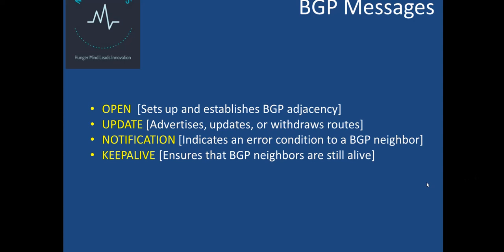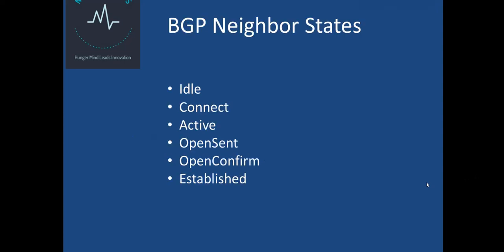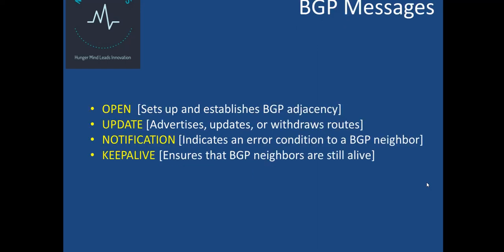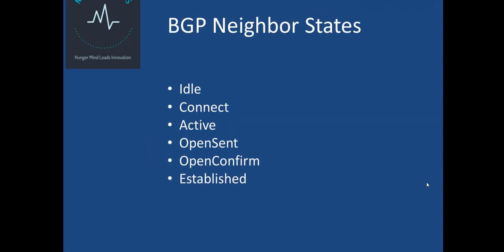Then we will look into neighbor states. These are the messages BGP uses in the process of forming a neighborship between two routers. This is different from the neighbor states.